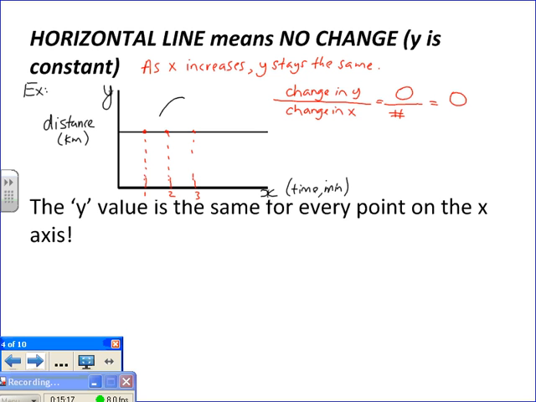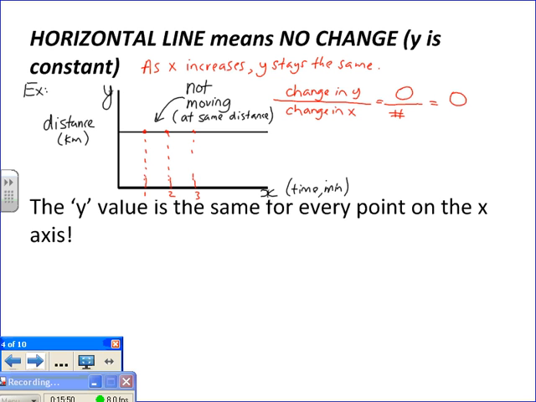It tells me that as I move along in time, I'm at the exact same distance. So there's no change in y, which means that if I was plotting the distance that an object's moving, this shows me that that object or that person is not moving. They are at the same distance from where they started. So they're not moving.